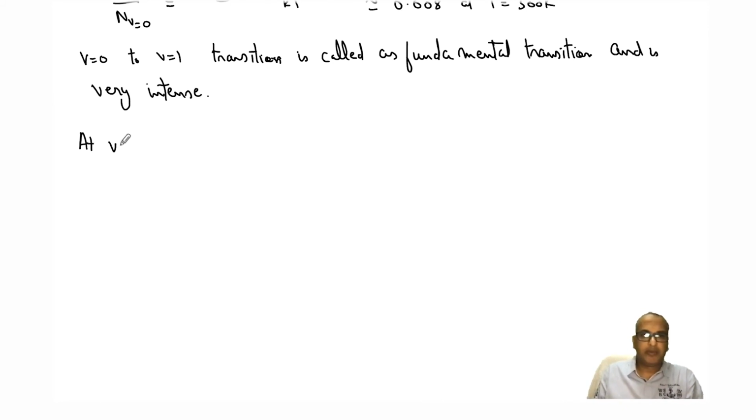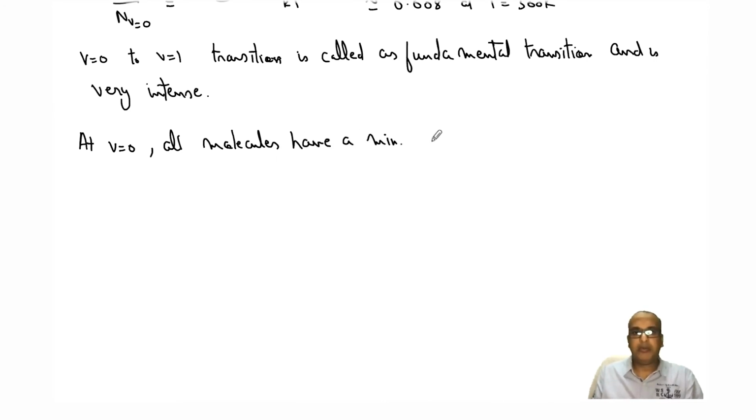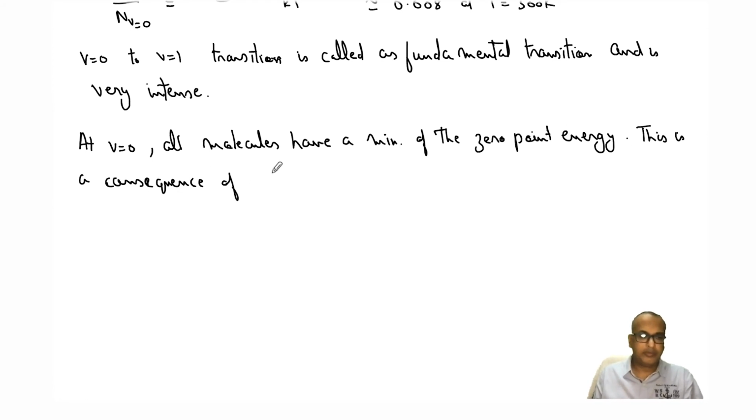So at v equal to 0, even though we are saying that the vibrational quantum number is 0, all molecules have a minimum zero point energy, and this is a consequence of the uncertainty principle.